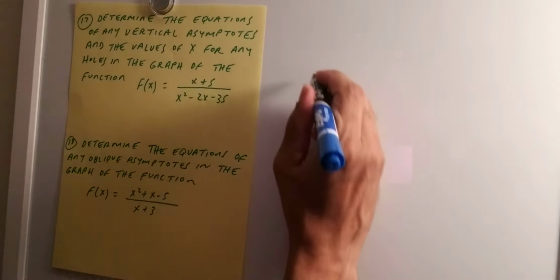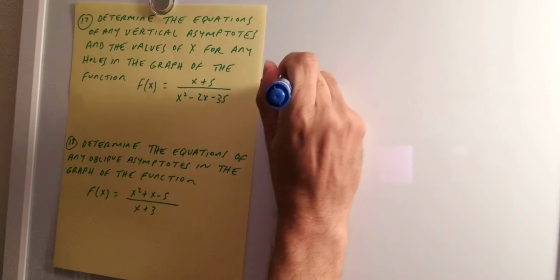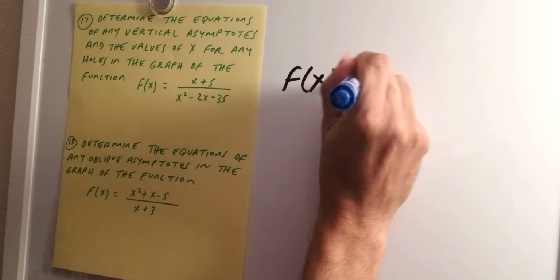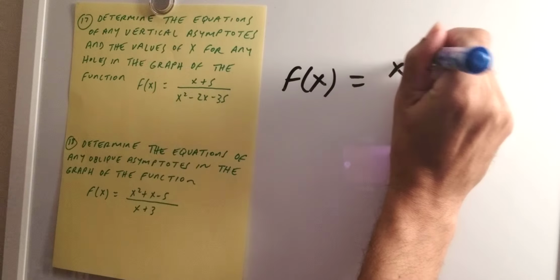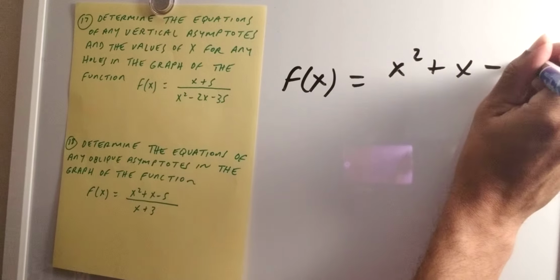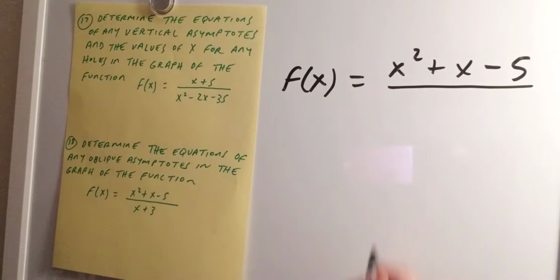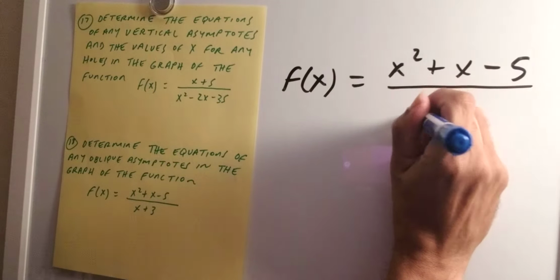Determine the equations of any oblique asymptotes in the graph of the function. Let's write the function. f of x equals numerator of x squared plus x minus 5 and denominator of x plus 3.